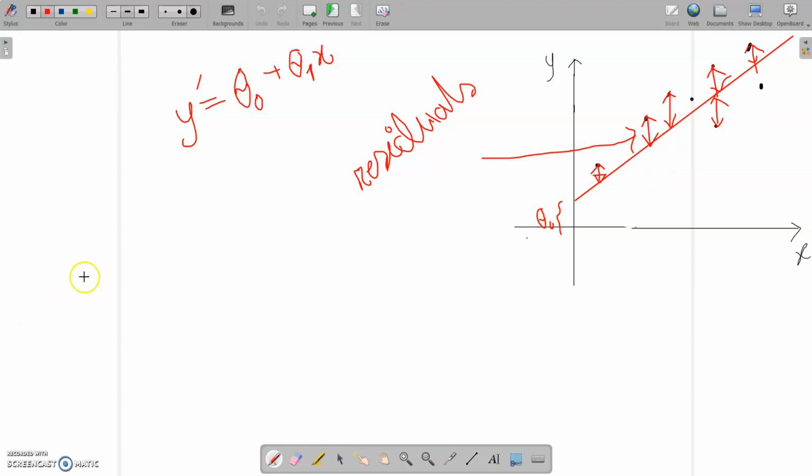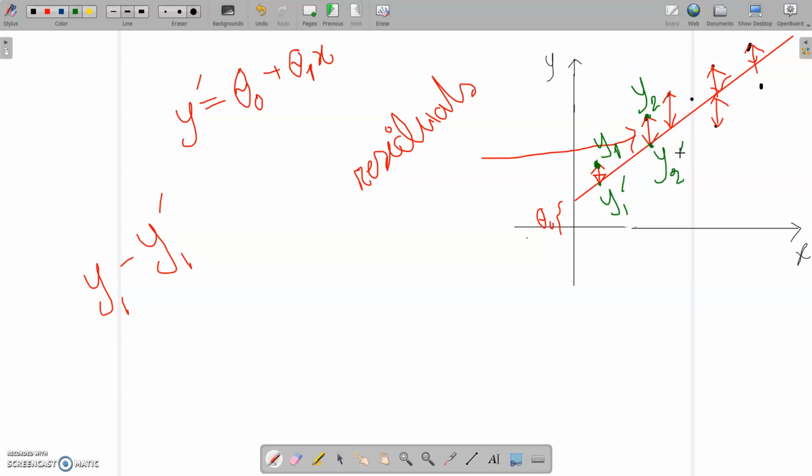If we take y1 minus y1 prime, what does it mean? Y1 is the exact, accurate point, and the point where the line you are predicting intercepts is your y1 prime. Again, this one is your y2, and this line at this point is your y2 prime.